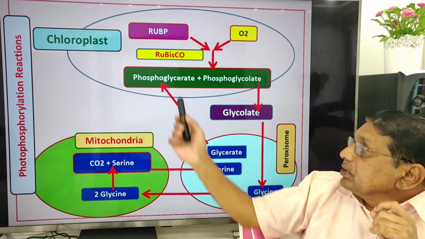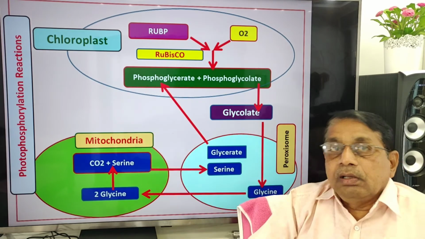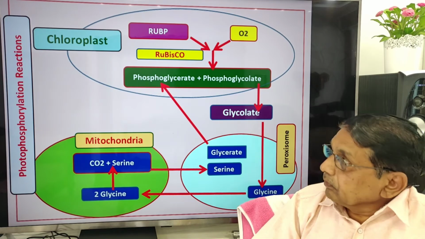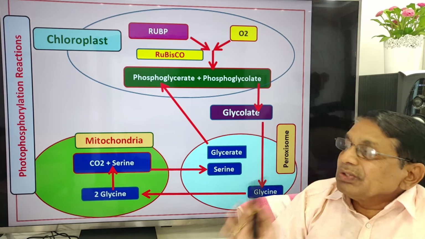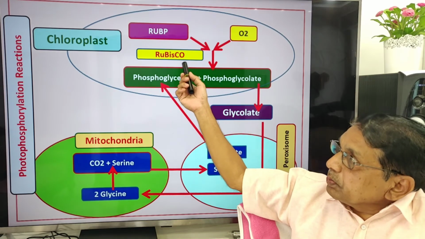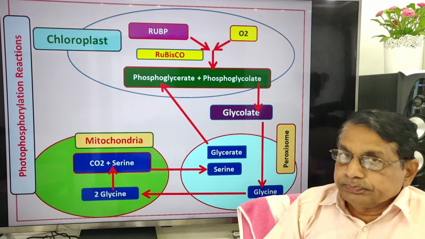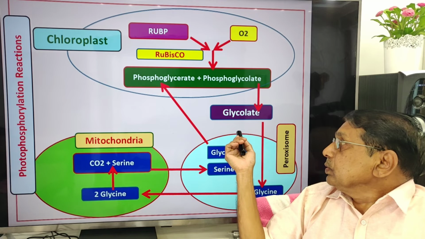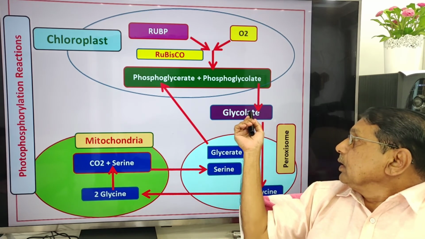This phosphoglycerate we can keep aside, or it may go to the Calvin cycle. The phosphoglycolate, a C2 compound, is transported from the chloroplast to the peroxisomes.